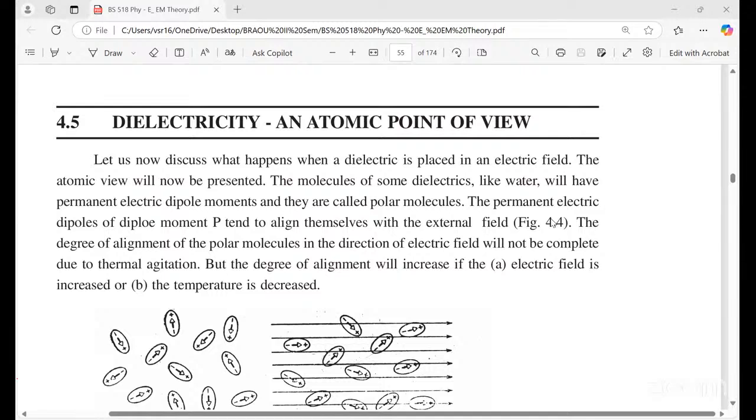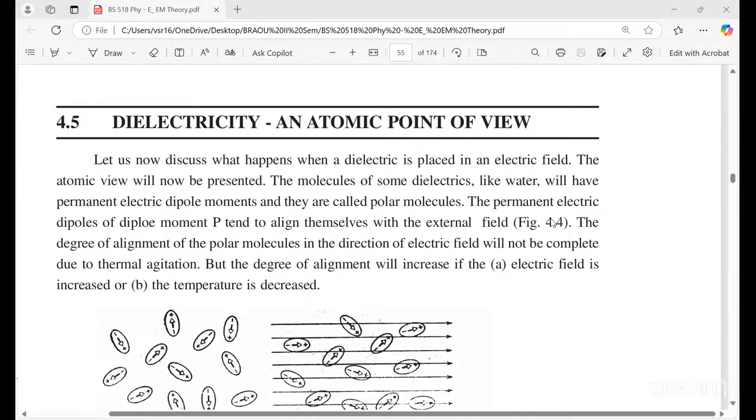These permanent electric dipoles, with dipole moment denoted by P, tend to align themselves with an external field. By applying an external field, that means an electric field. If there is a field, there is a charge.